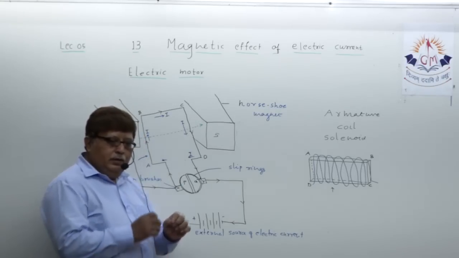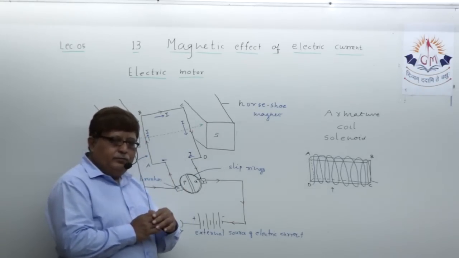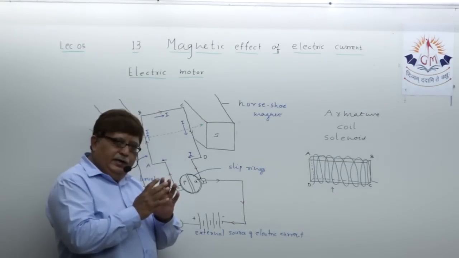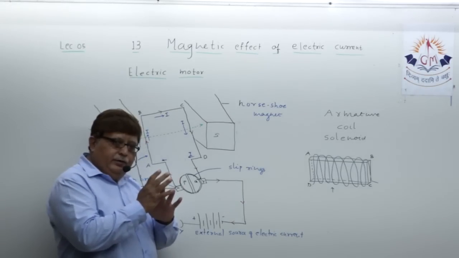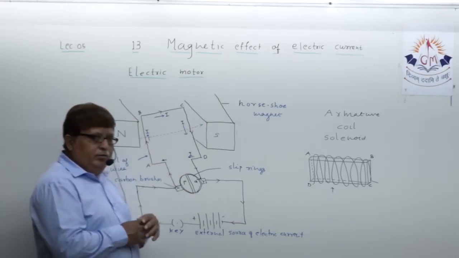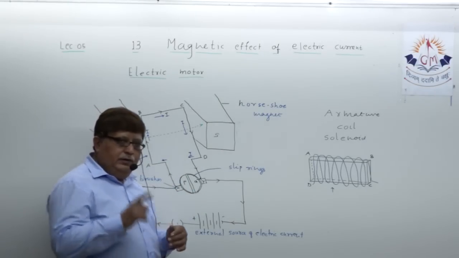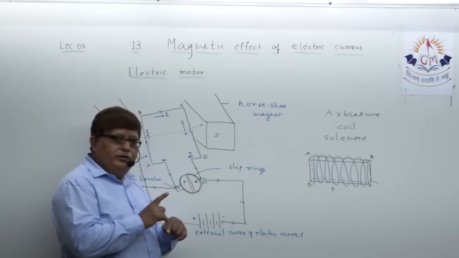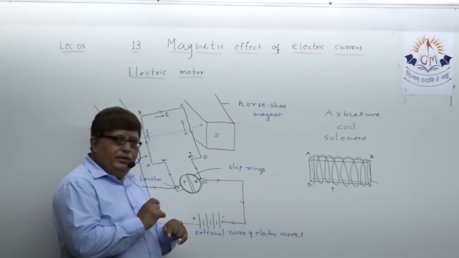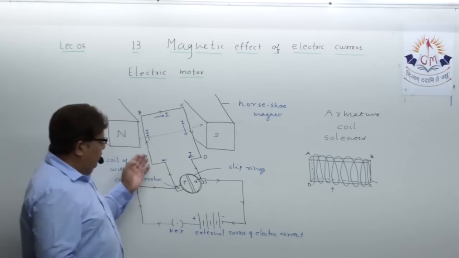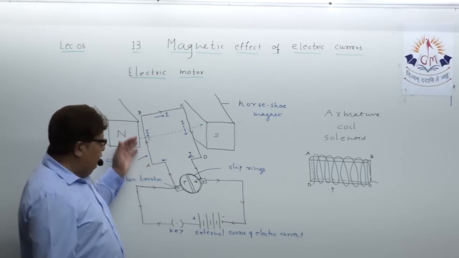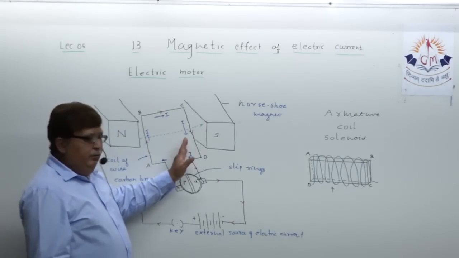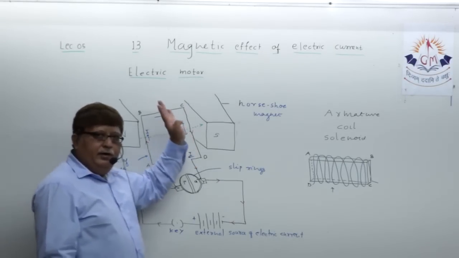Because on both the ends the direction of electric current is different, both the edges of the coil are going to experience opposite electromagnetic force. Means on one edge the force is working downward, and on this end the force is acting upward.